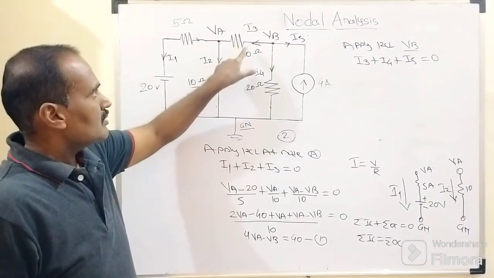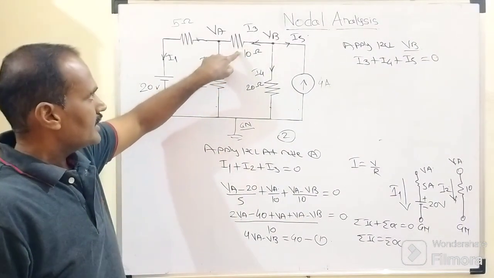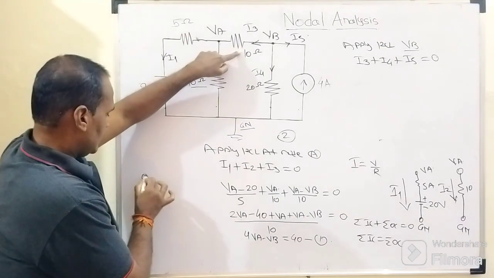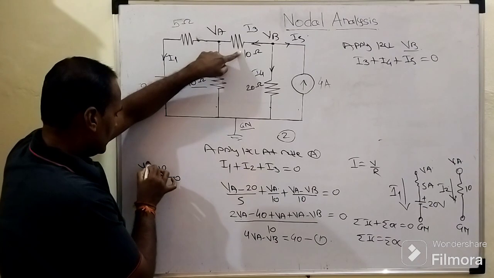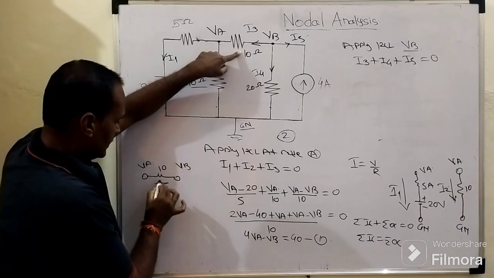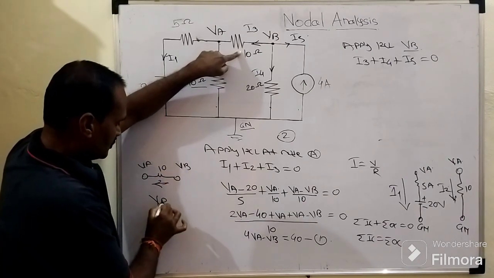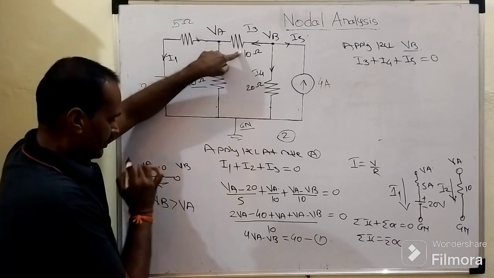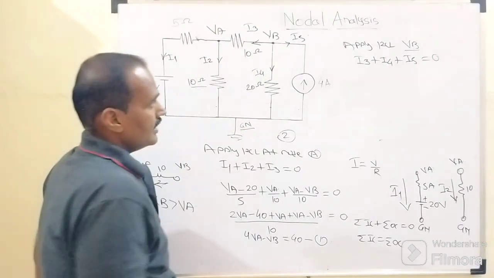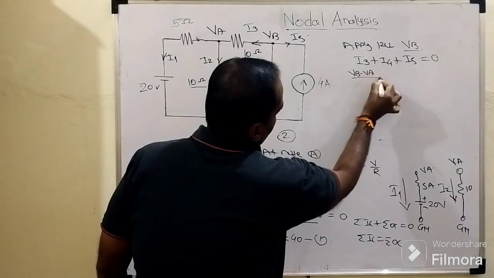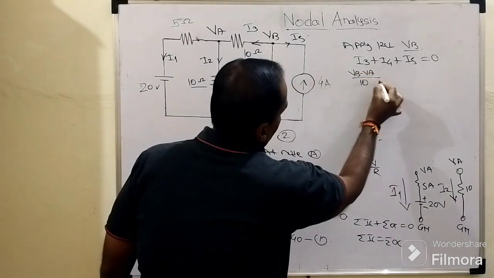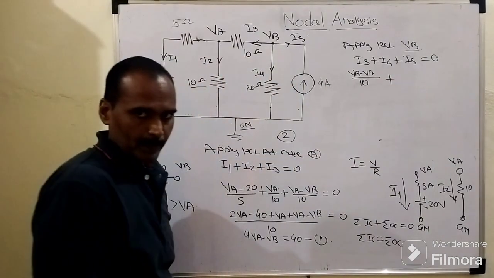Now I3 is nothing but what? The current flowing through this 10 ohm resistor. Now how is it connected? It is in between VA and VB, 10 ohm, VA, VB, and it is considered as outgoing, meaning VB is greater than VA. So the current equation will become what here? VB minus VA divided by 10. How about I4?